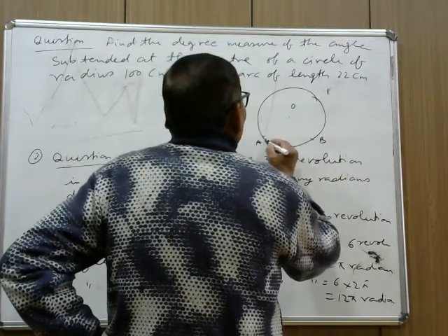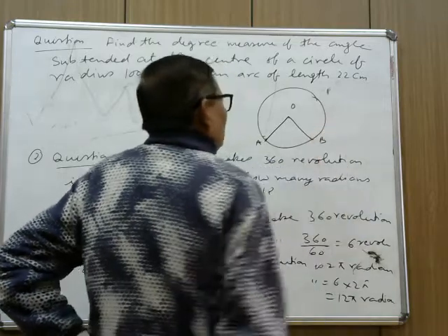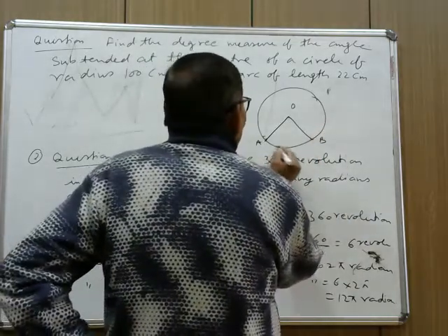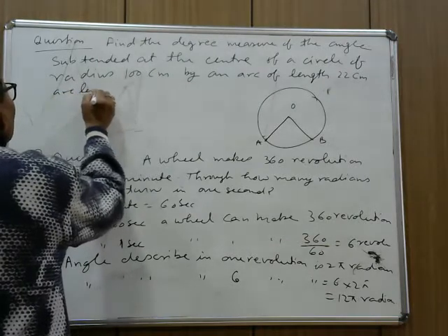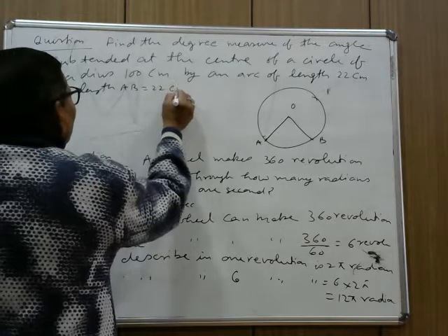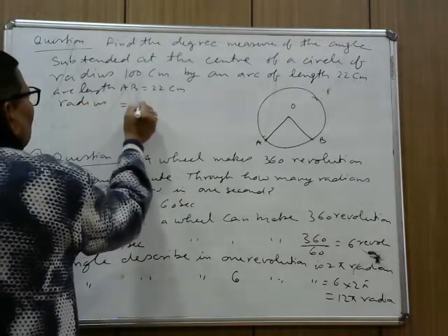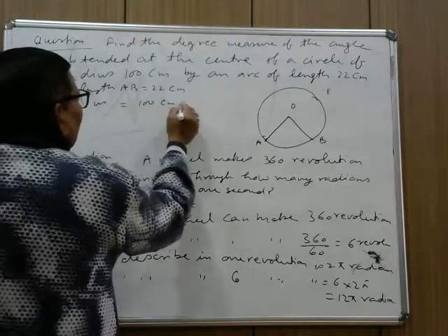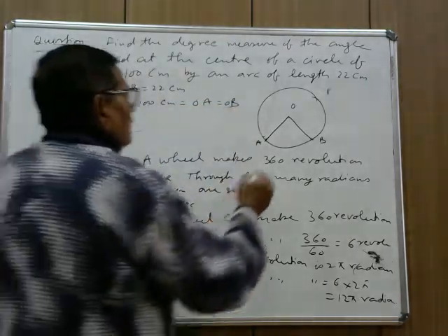Its center is O. You join A to O, O to B. So your arc length AB is equal to 22 centimeter and radius equals 100 centimeter, that is OA equals OB.